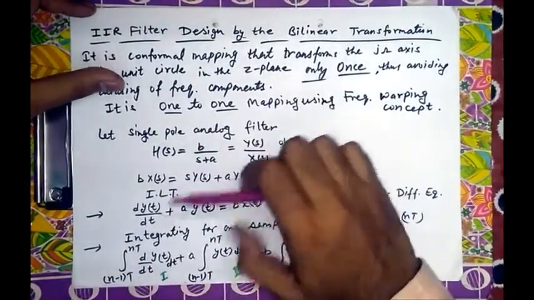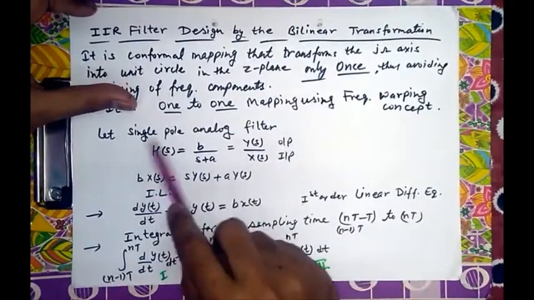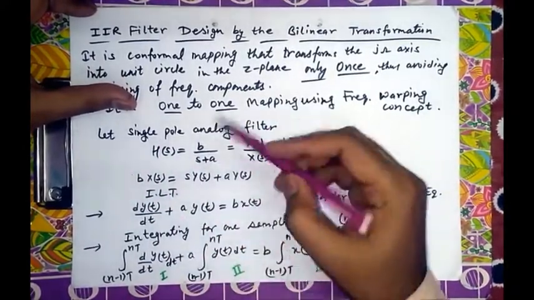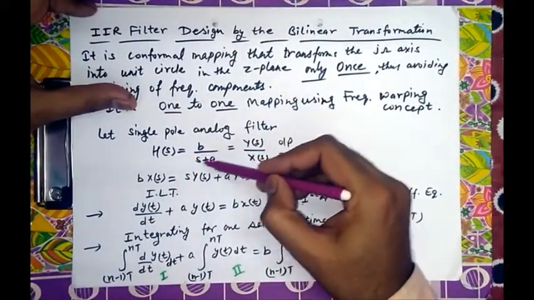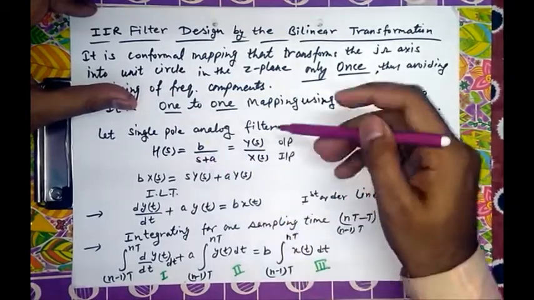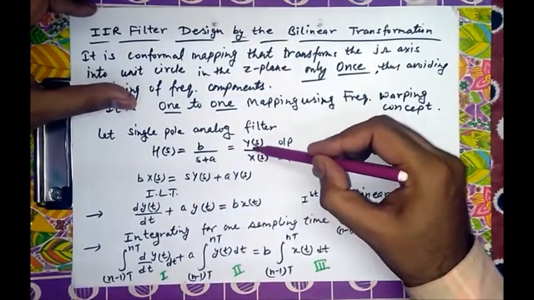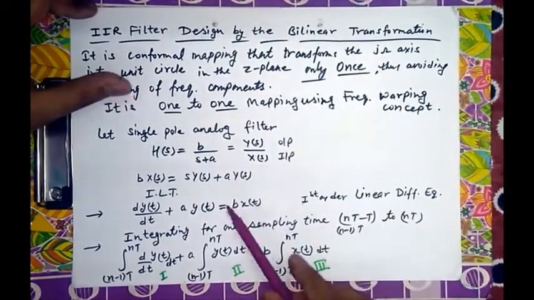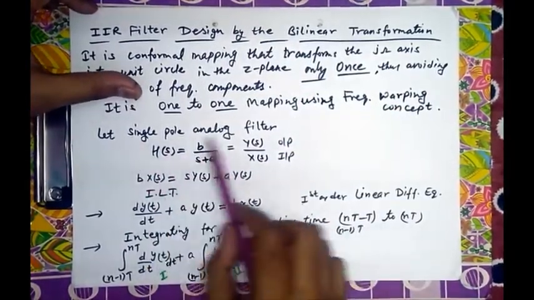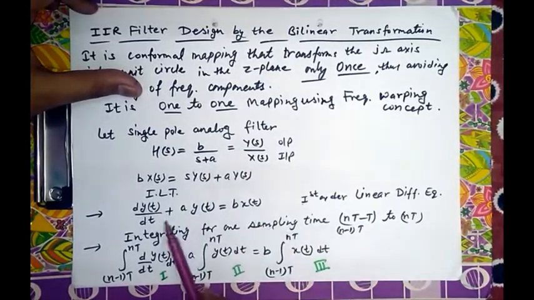Now to derive the method, let a single pole analog filter be taken. Easiest case: H(s) is equal to b upon s plus a, single pole, b being some constant. And the transfer function is always equal to output upon input, Y(s) upon X(s). So we can cross multiply this transfer function of the single pole analog filter, and do some inverse Laplace transform.